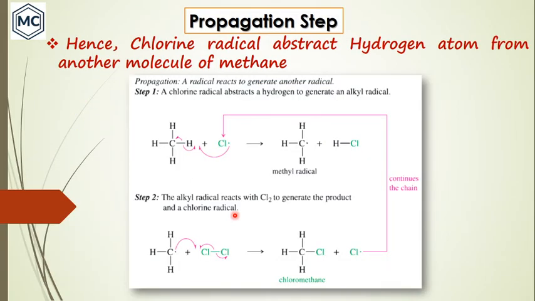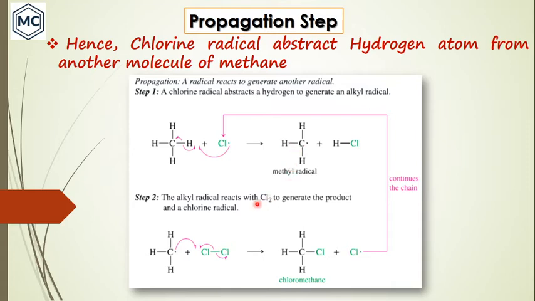So in the next step, the propagation step occurs. Chlorine radical abstracts a hydrogen from another molecule of methane. So that is the first step. This chlorine radical abstracts this hydrogen and creates another radical, methyl radical, right? Plus HCl.